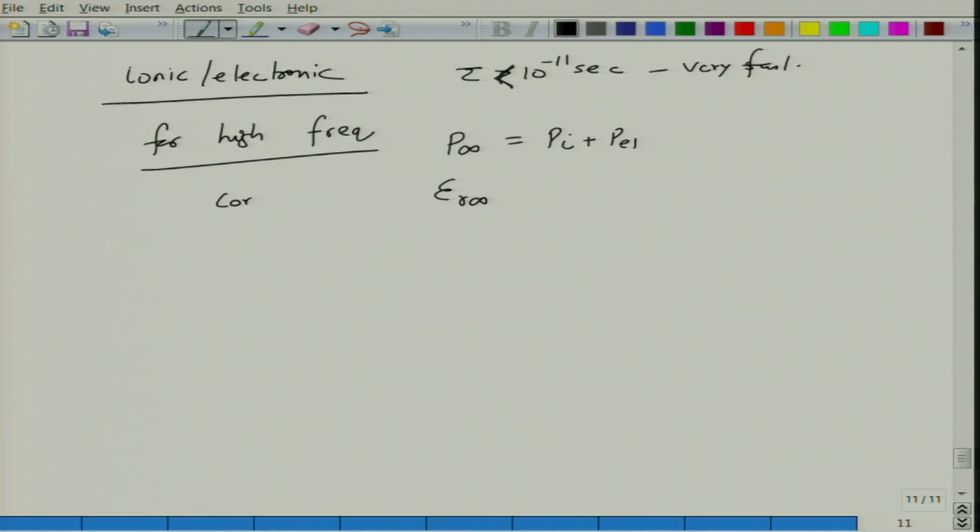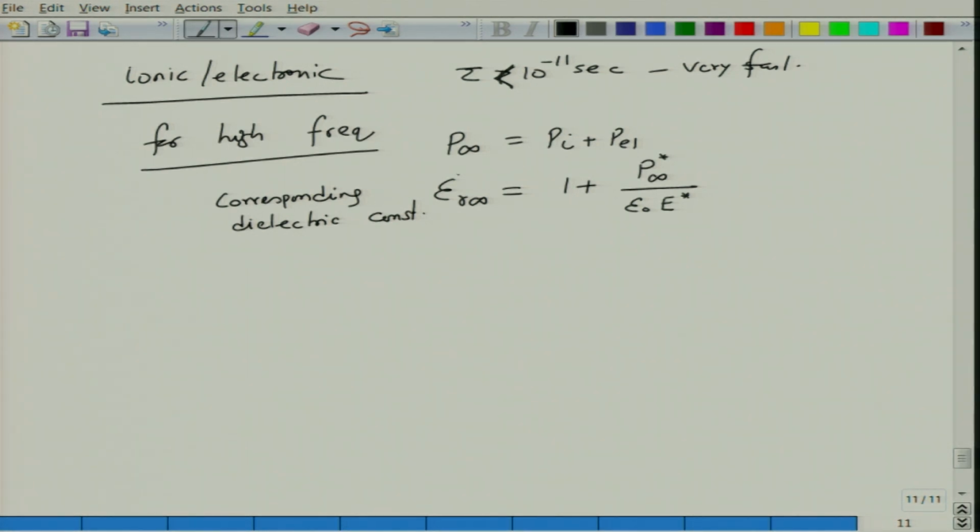So, the corresponding dielectric constant epsilon r infinity will be equal to 1 plus P infinity star divided by epsilon naught E star, okay. So, this is the high frequency part.